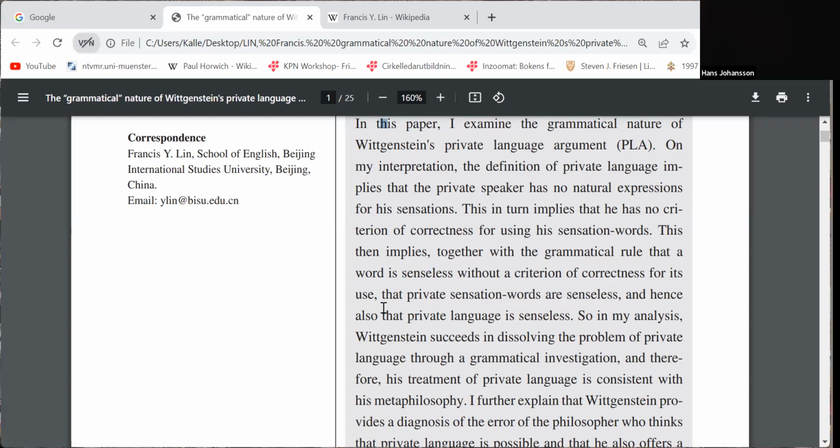This then implies, together with a grammatical rule, that a word is senseless without a criterion of correctness for its use. The private sensation words are senseless, and hence also private language is senseless.